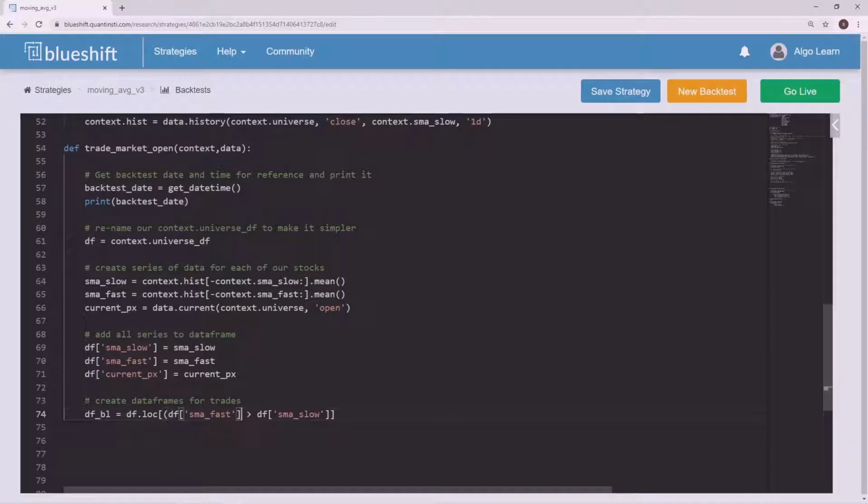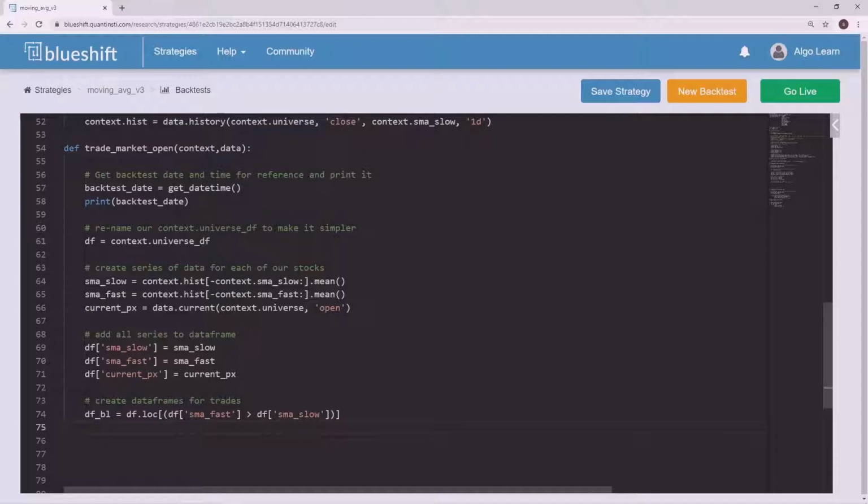Just bear with me here. Okay, I just want to get all my syntax right. Okay, so if the fast line has crossed, it's over the slow line, then we're going to populate that stock position and all the data from DF into a new data frame called data frame _buy long, and that's going to be our targets for our buy long.